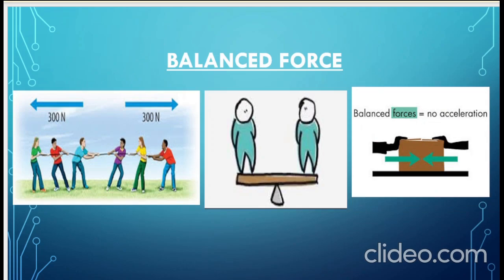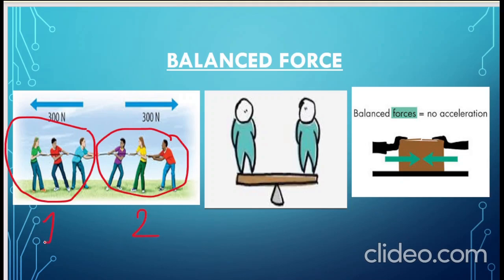Now come to balanced and unbalanced forces. In the first figure, you can see there is a tug of war. There are two groups, group 1 and group 2. Let's say this is group 1.